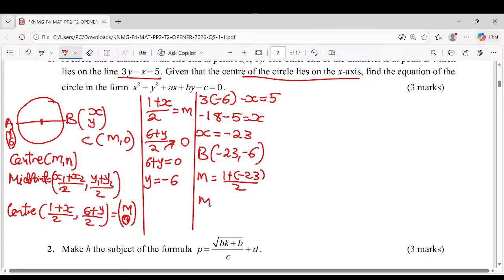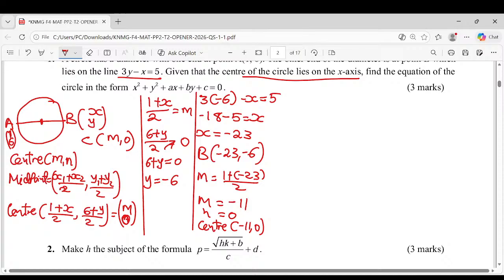So the value of M will be equivalent to negative 11. Remember N we said it is 0 because it lies on the x-axis, then it will mean that our center has coordinates negative 11, 0.